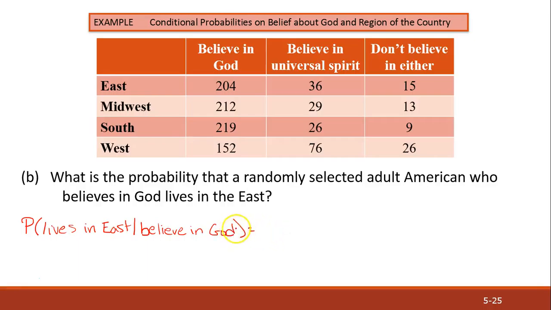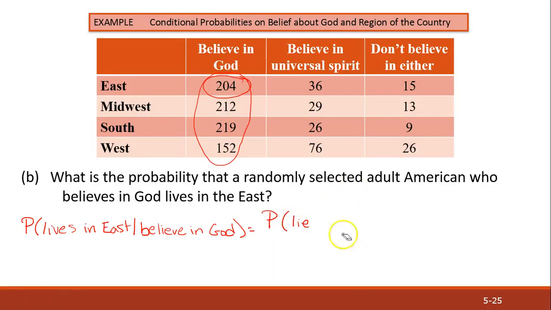So in this first portion of this probability, it's the same number as before, this 204, because the number that believes in God and lives in the East is that same amount. But then we put it over the total number of people who believe in God, which is this column.